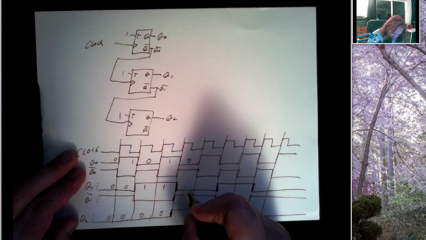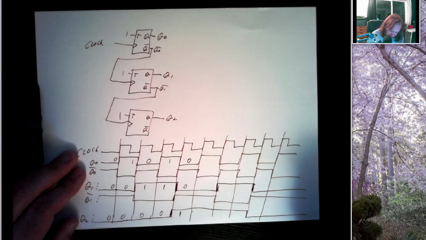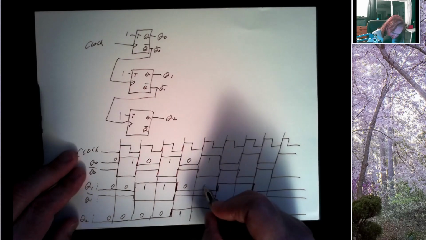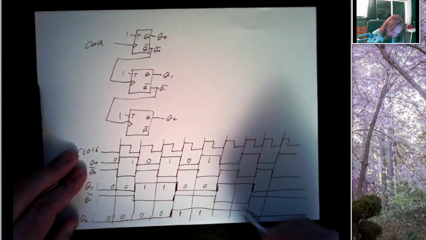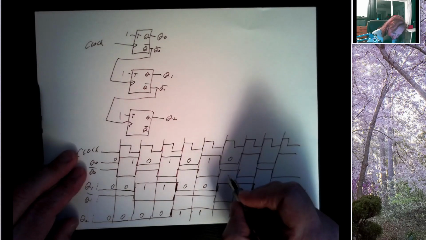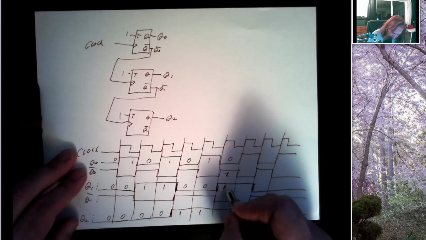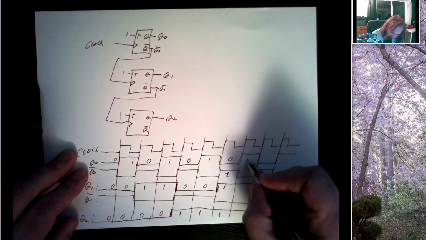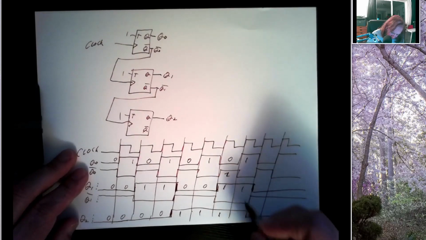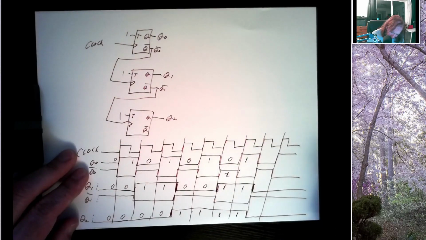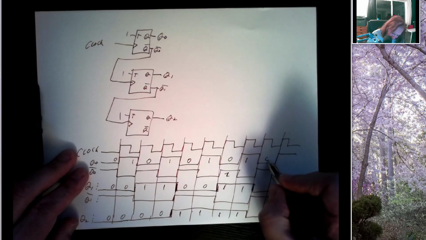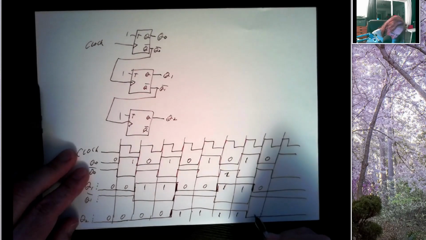Here's a 0, 0, 1. Here's a 1, 0, 1. Here's a 0, 1, 1. Here's a 1, 1, 1. And then here's a 0, 0, 0.